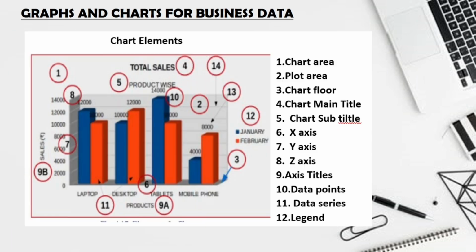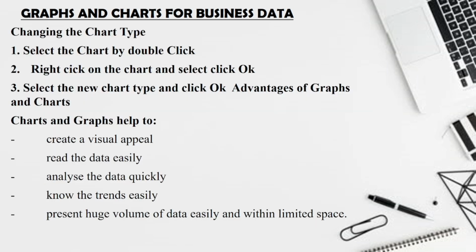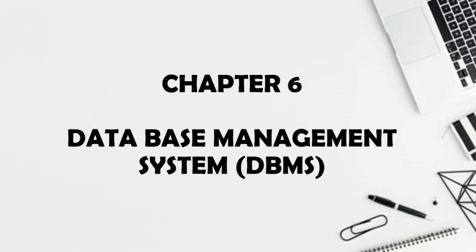So these are the common elements in a chart: chart area, plot area, chart floor, chart main title, chart subtitle, x-axis, y-axis, z-axis, axis titles, data points, data series, and legend. You have to remember what a legend is also. So using the chart type option, we can make a lot of changes in the chart and the graph category also.